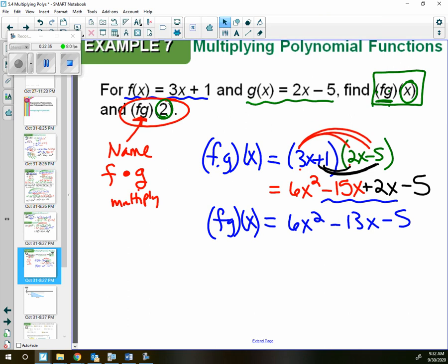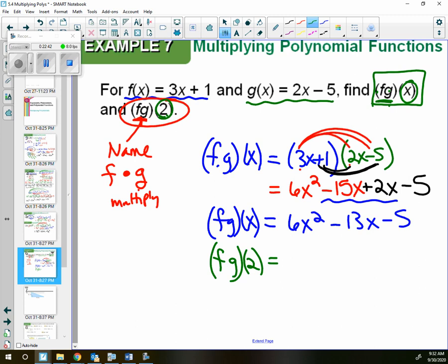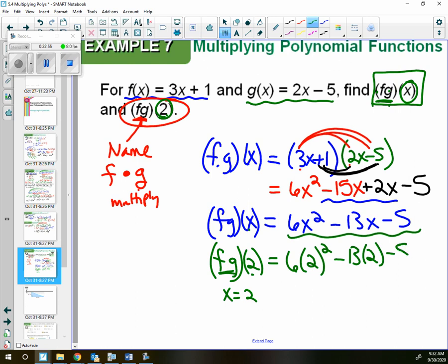All right, so what does f times g of 2 mean then? So we talked about this at the beginning. That just means, hey, evaluate this product, this function, at 2. Replace the x with 2. So they're saying, hey, x equals 2. What's your output then? So we're just going to put in that 2 and simplify.